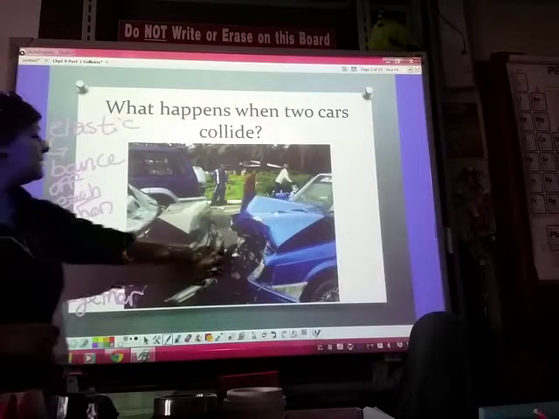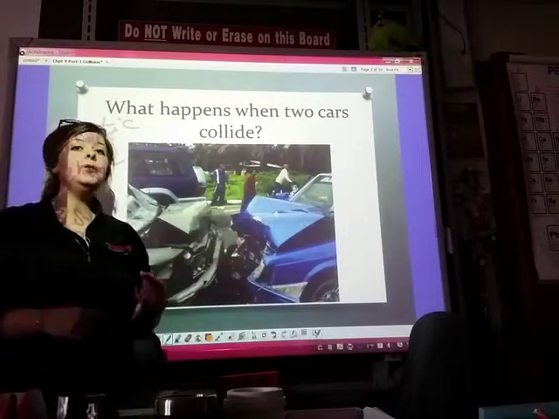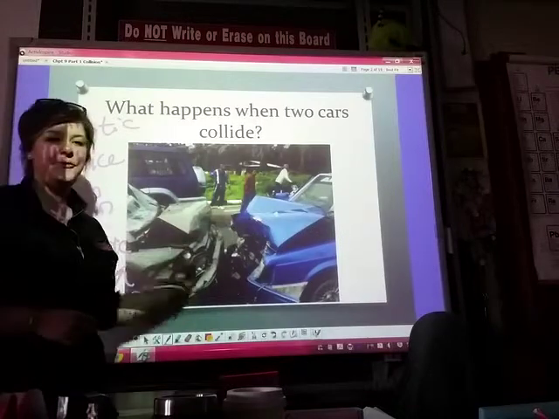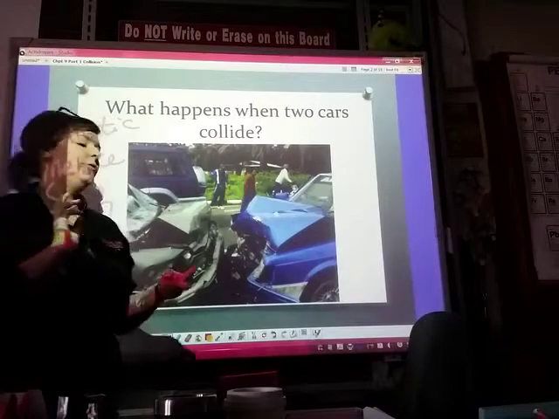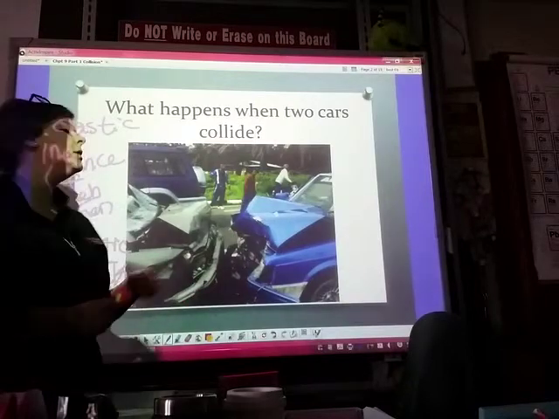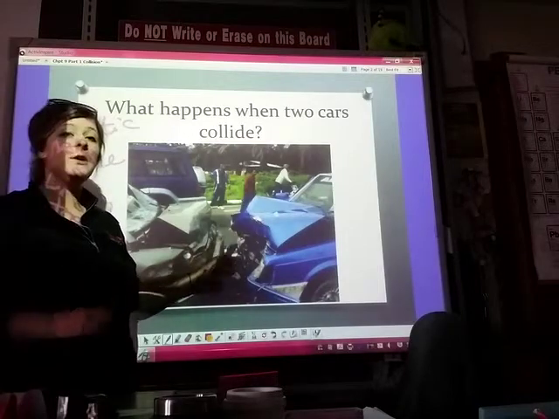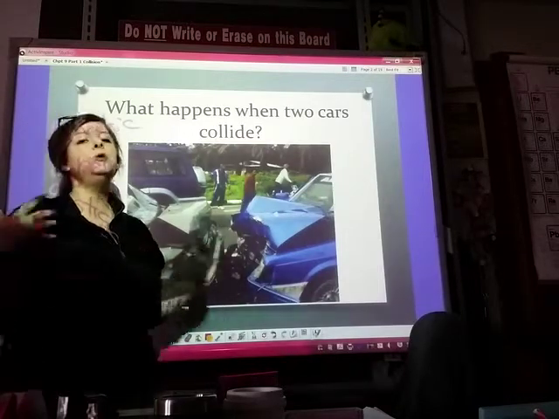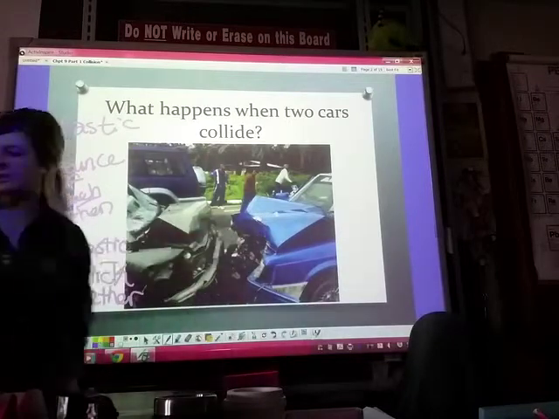I can tell that in this one because there's a lot of damage done to these cars. So I have to be losing energy just by deformation alone. I could have lost energy to sound, to heat or friction. And that's what makes inelastic collisions a lot more serious and a lot more dangerous, because we're losing all of this extra energy just due to the crash itself.